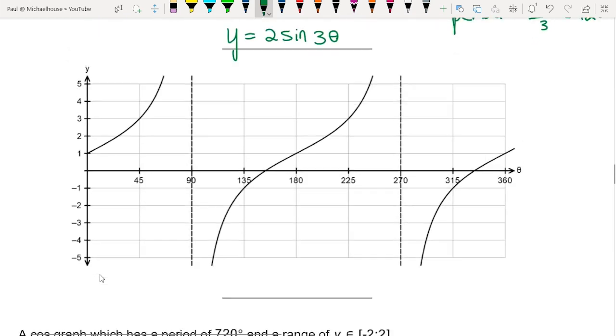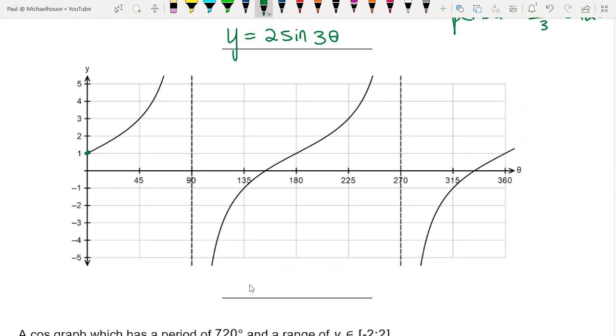Okay, let's see if we can work out the equation of this graph. Well, first up, it seems to not be starting at 0. It looks like it's a tan graph of some description that has been picked up by 1. The asymptotes are where I would have expected them to be. That tells me that the period has not changed and that the graph has not been shifted left or right.